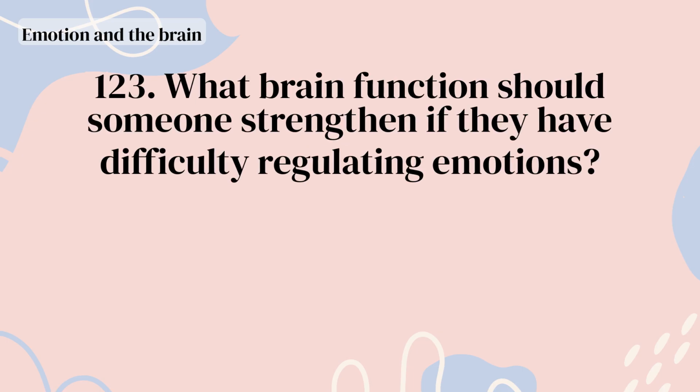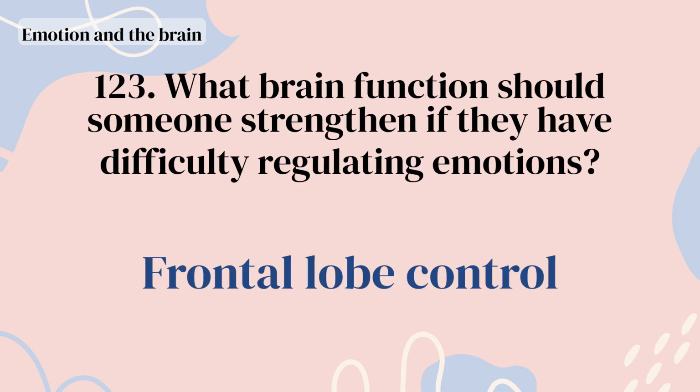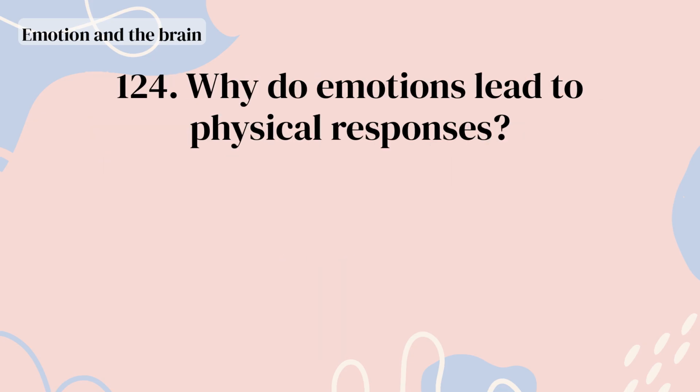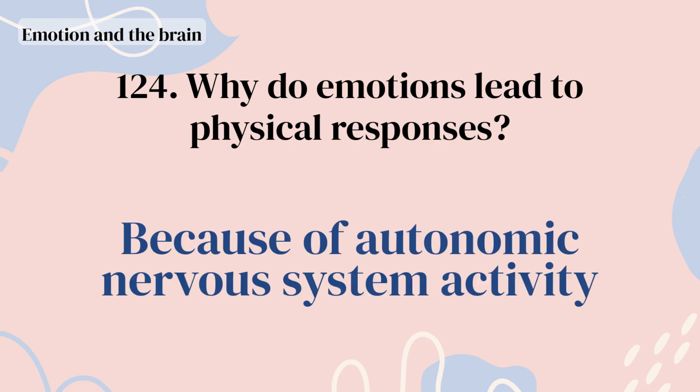What brain function should someone strengthen if they have difficulty regulating emotions? Frontal lobe control. Why do emotions lead to physical responses? Because of autonomic nervous system activity.